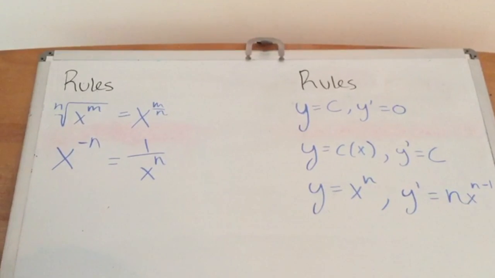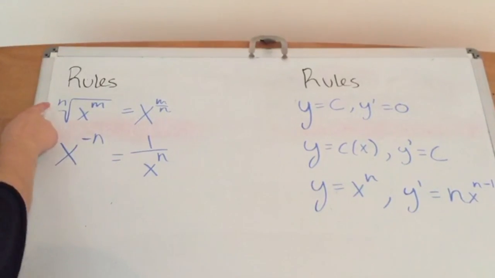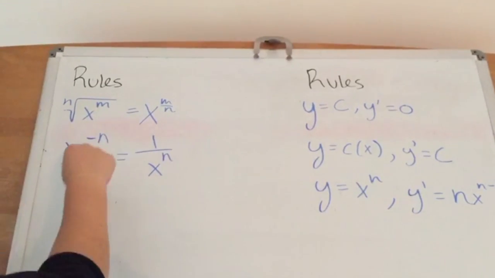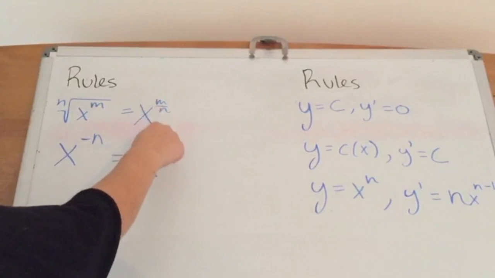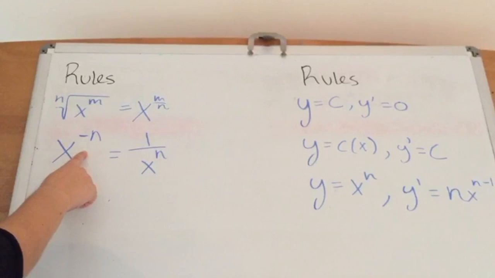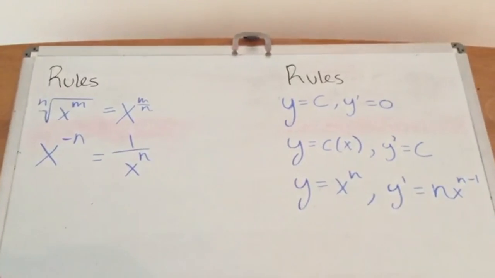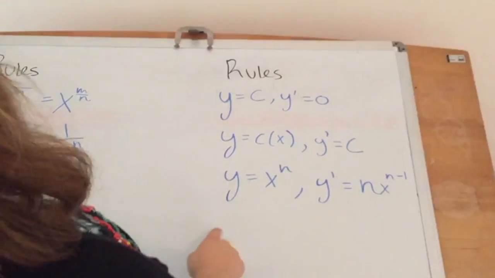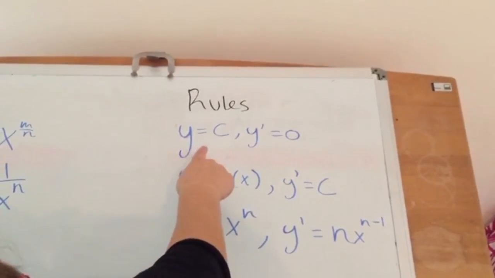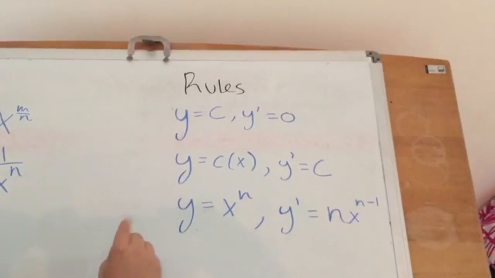For this problem, this is what you need to know. The rules of exponents, which include the nth root of x to the m, that is equal to x to the m over n. And whenever you have x to a negative exponent, it is equal to its reciprocal. You also need to know the rules of differentiation, which include that if y equals a constant, then y prime will equal 0.